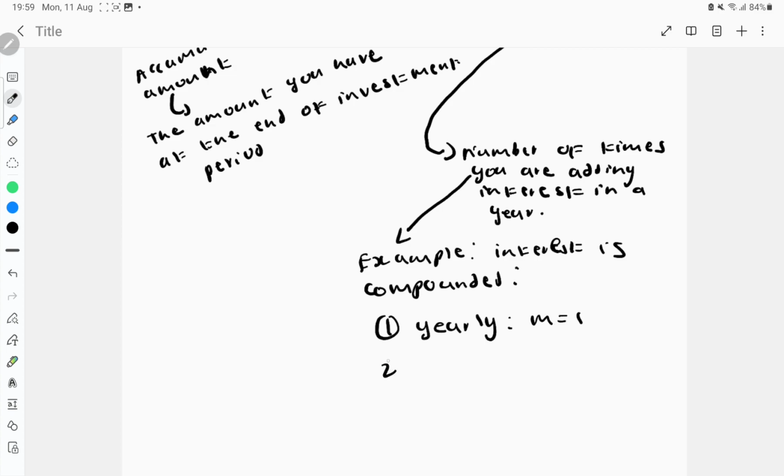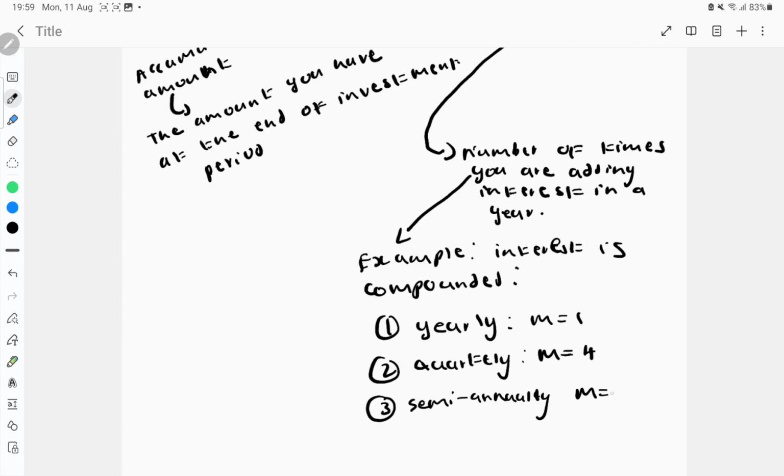And then if they say interest is compounded quarterly, how many quarters do you have in a year? We have 4 quarters, not 3, guys, because a quarter is made up of 3 months. Then if they say interest is compounded semi-annually, it means that your m is 2.